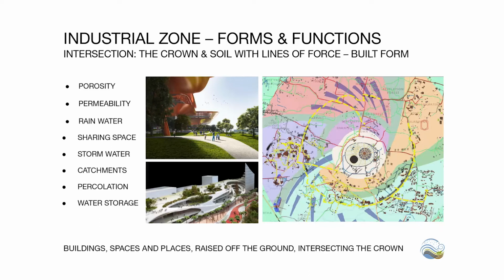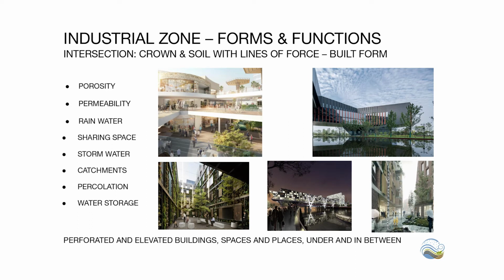So these are just impressions of whatever it could be. And the lines of force are quite close together in that area, so it would be also exploring the spaces in between, what actually happens in those spaces.